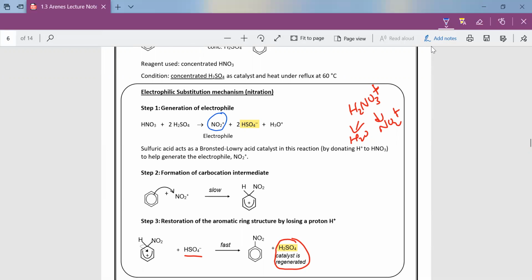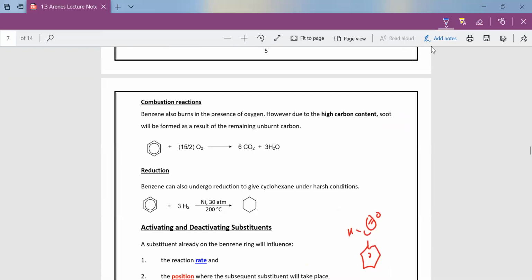All right, so sulfuric acid protonates the nitric acid, and then the nitric acid kicks out the water and forms the electrophile. The rest of the reaction is pretty much quite similar to your earlier electrophilic substitution, so we won't go into more detail.